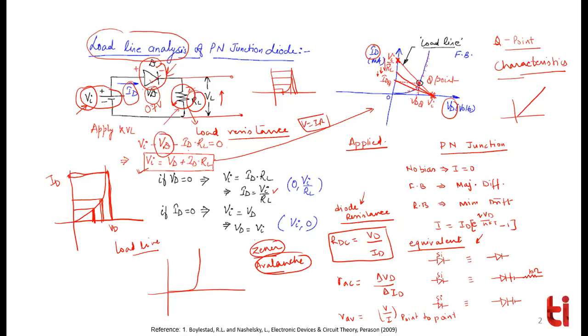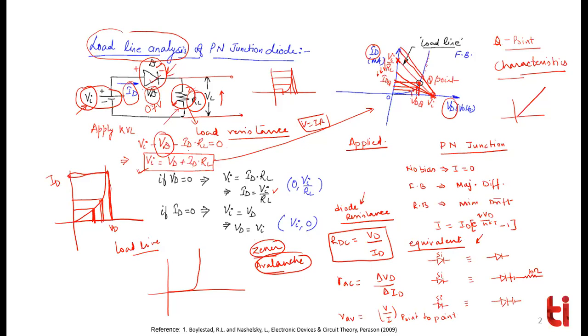The Q point will shift gradually towards the left side, meaning both VD and ID will decrease if you increase RL. If you decrease RL, and such a question can come, then definitely the Q point will shift towards the right side.